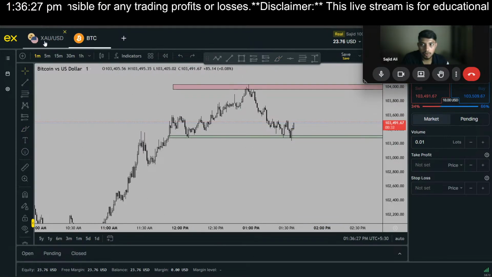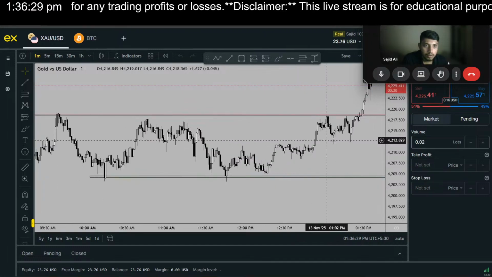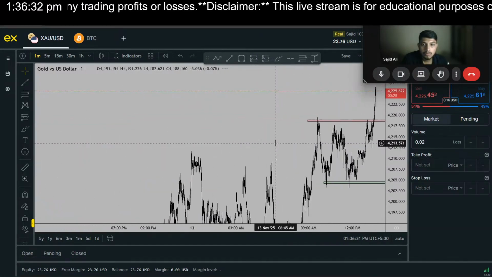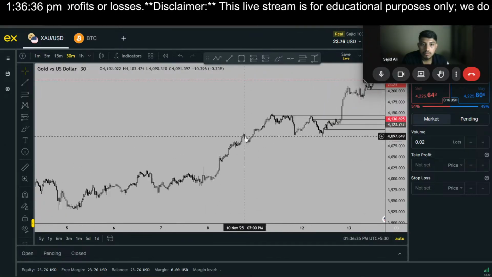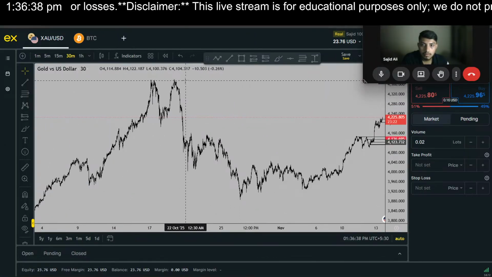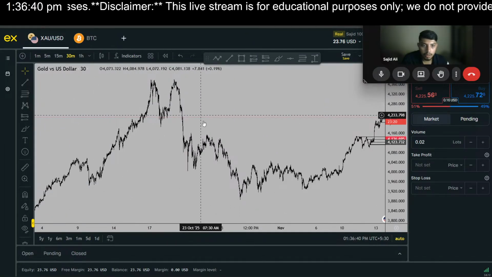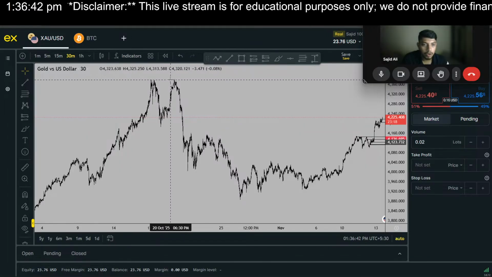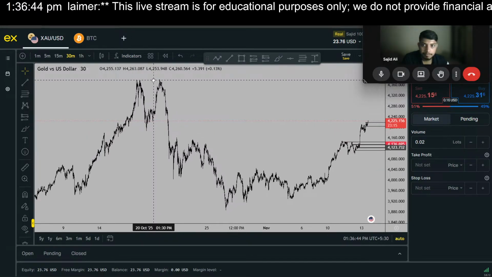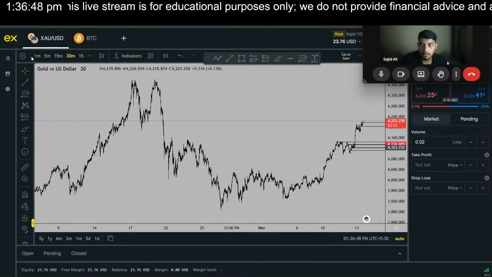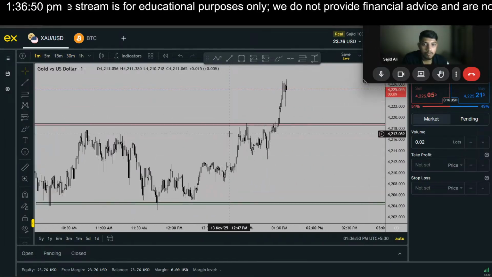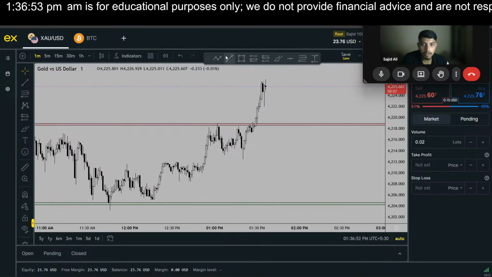So keep an eye on gold and Bitcoin both. Next resistance on gold is directly the all-time high level, and I just hate trading near all-time high levels. Let's wait.